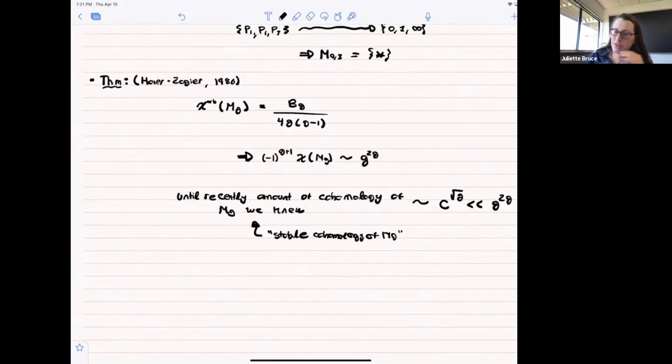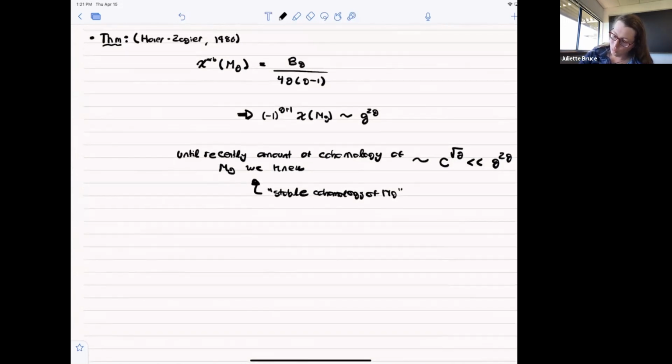I should mention that very recent work of Melody Chan, Sam Payne, and Søren Galatius produces more cohomology of roughly the order, let's call it beta to the g, so we get honest-to-goodness exponential quantities of cohomology for Mg.